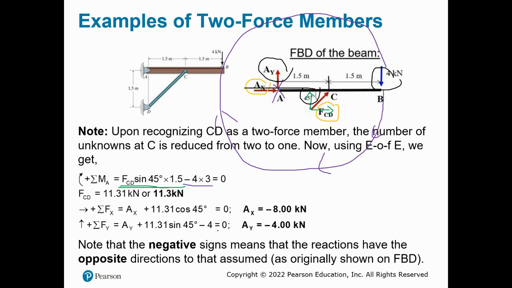That means the actual direction of your AX is going to the left. Same thing similarly for your AY. The free body diagram says AY goes up, and we calculated our result to come out to be negative 4 kilonewton for AY. That means the actual direction of your AY is coming down.